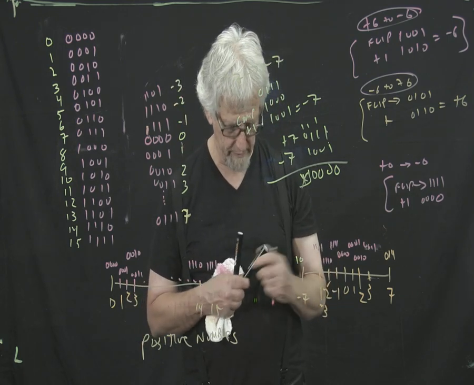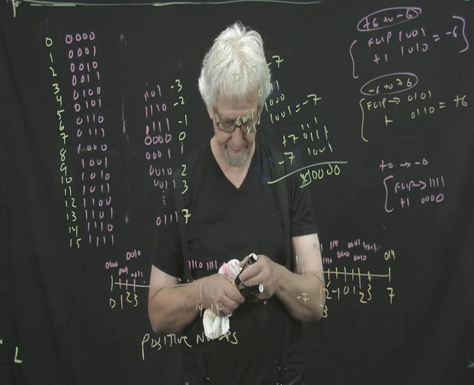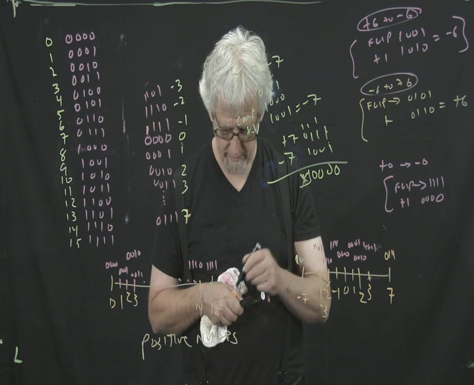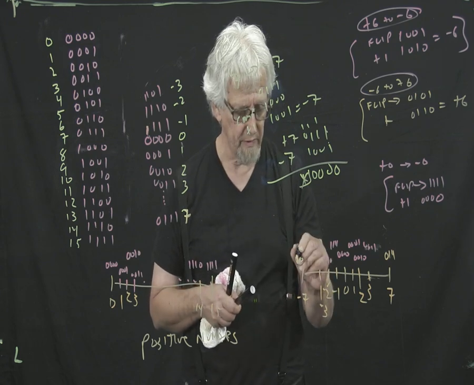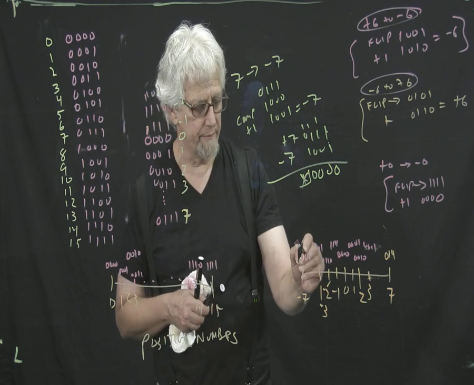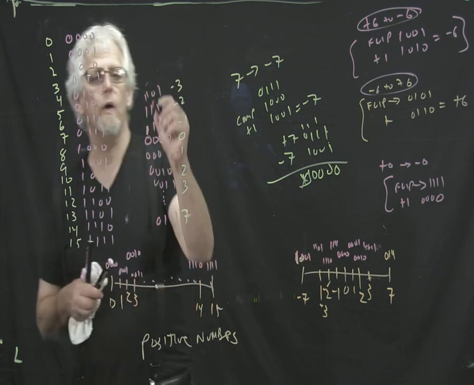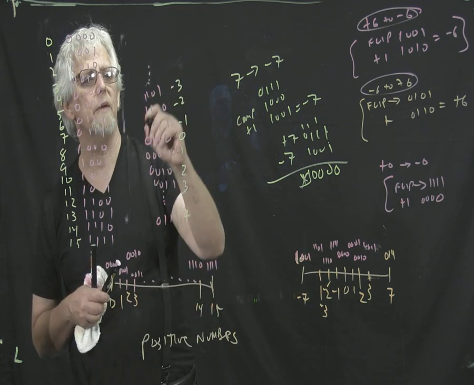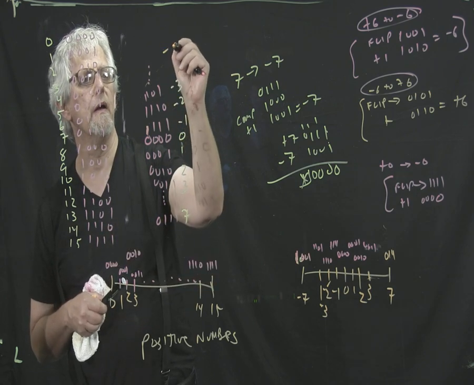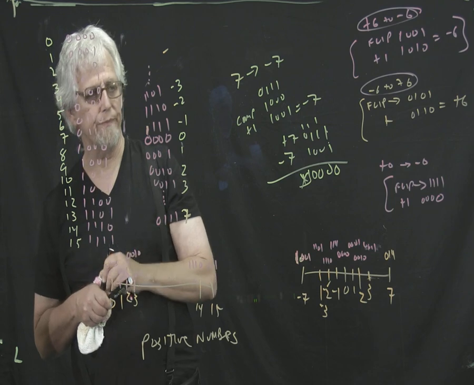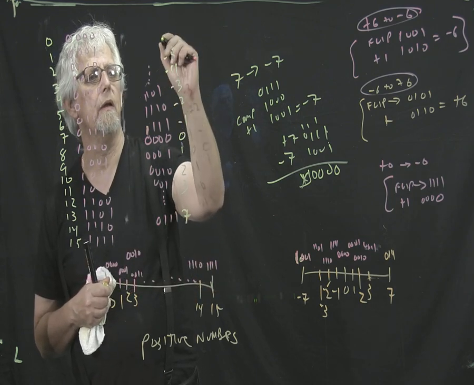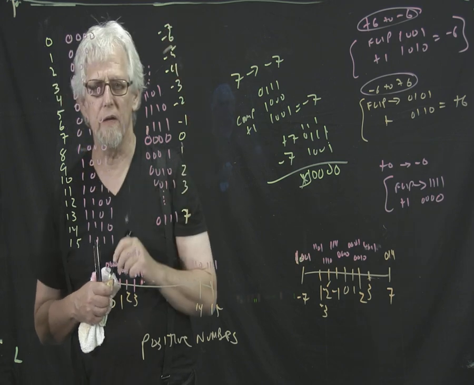I want to do that in whatever that orange thing was. No, the purple thing. Here it is. Okay. So going this way, I can go minus 4, 5, 6. Minus 7.